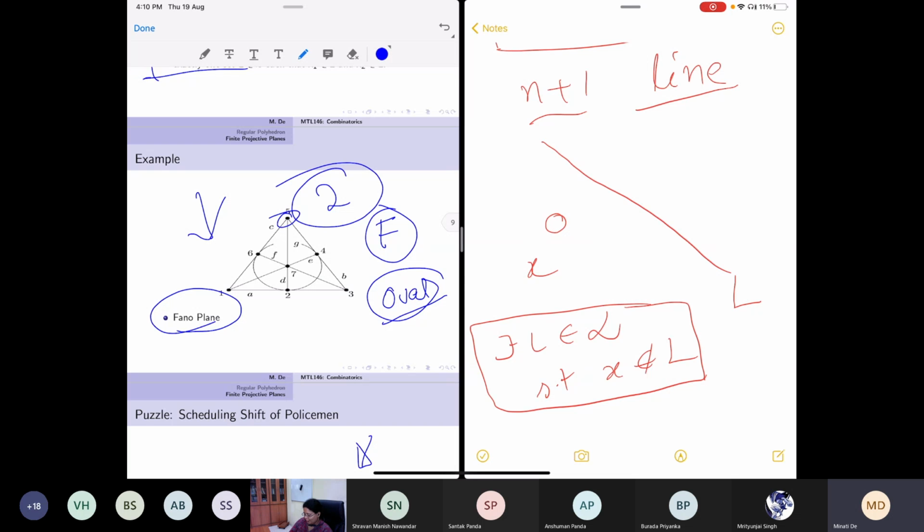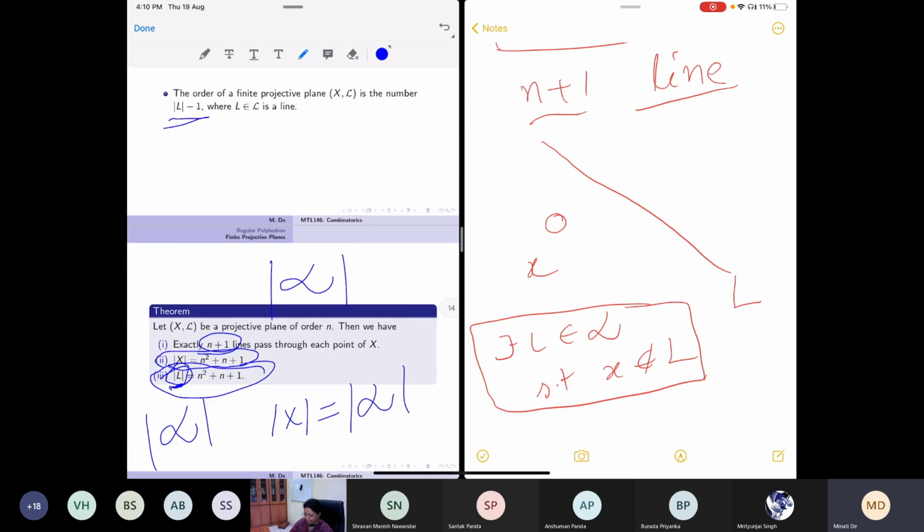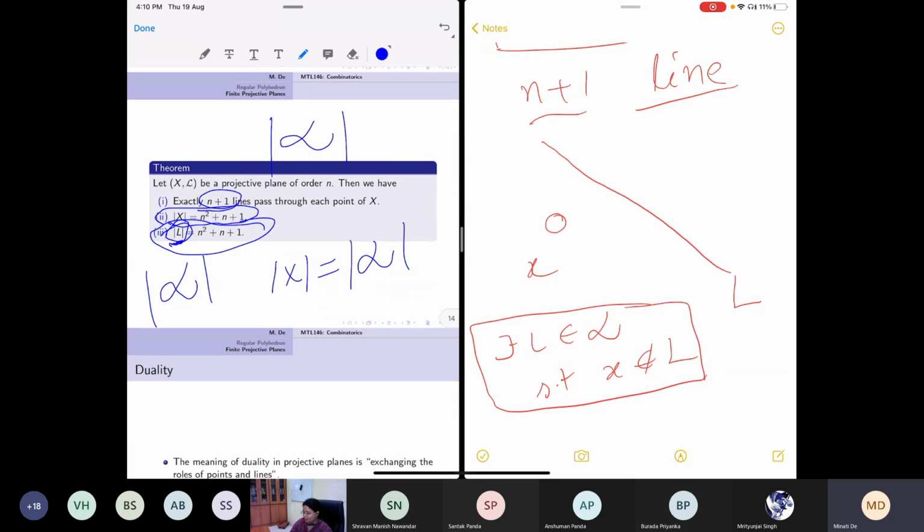So I know that this line L has how many points? We know that we consider a finite projective plane of order n, so it should have n plus 1 many points, right? According to the definition and according to the proof which we had. So let's say these are x1, x2 up to x(n+1).